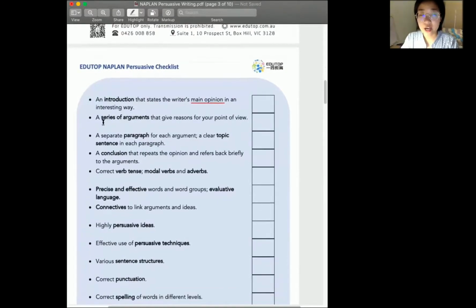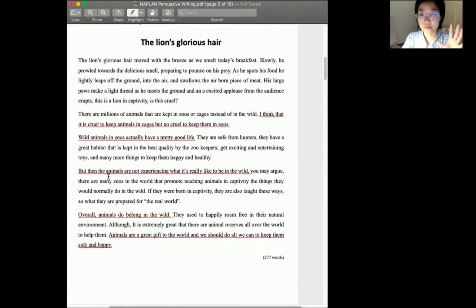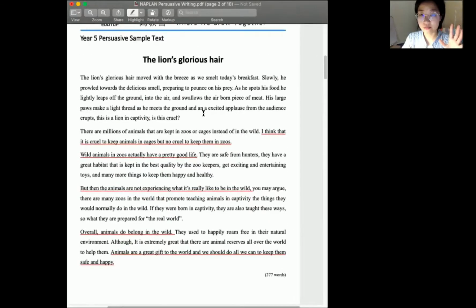Now we figure out the overall structure. We zoom out a little bit and have a bigger picture of what this text is about. It has a very clear structure, isn't it?